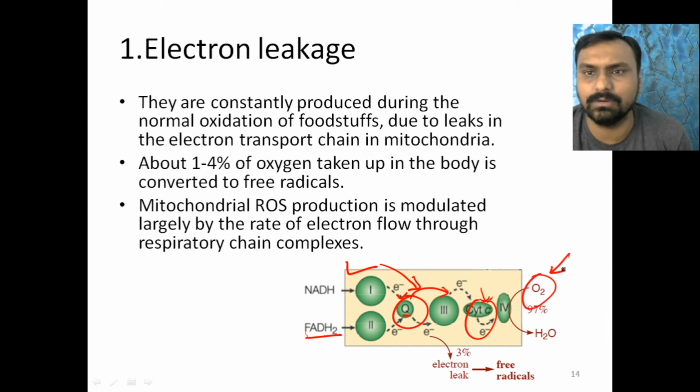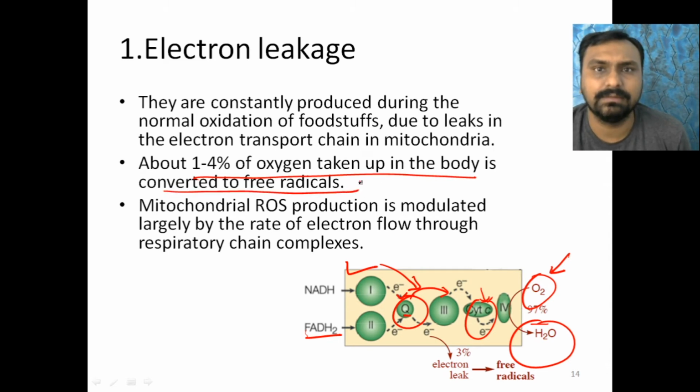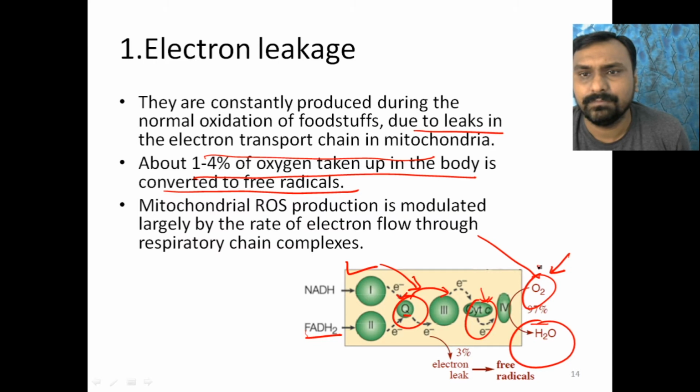Oxygen is the ultimate electron acceptor, and it is converted to H2O. But normally about 1 to 4% of the oxygen taken up in the body is converted to free radicals. So there is a leak in the electron transport chain in the mitochondria, and they produce free radicals. You can watch my video about the electron transport chain; the link is given right above.